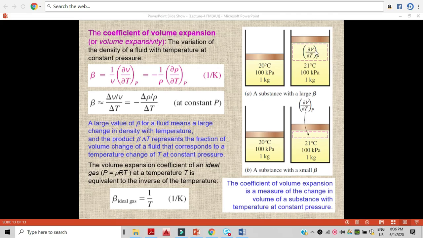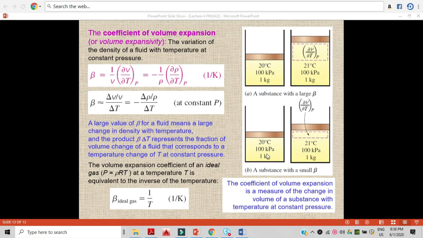Because delta V over delta T at constant pressure is very big. That means there is a possibility to increase. When we heat it up and we have to maintain the constant pressure of 100, we allow it to expand to maintain the constant pressure. So we see there is a big change in it because of the large value of beta.